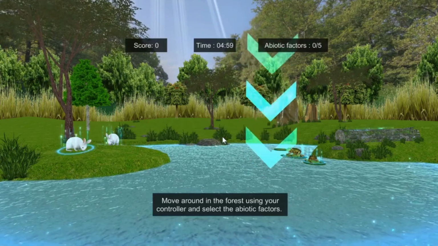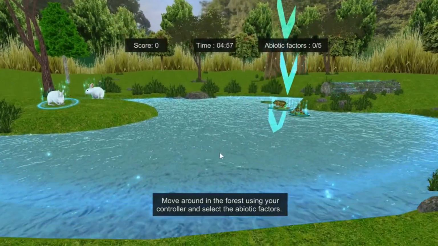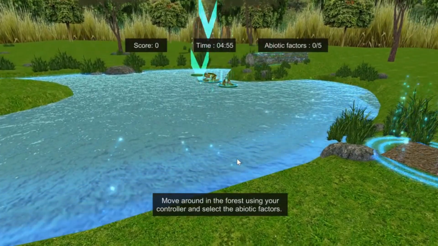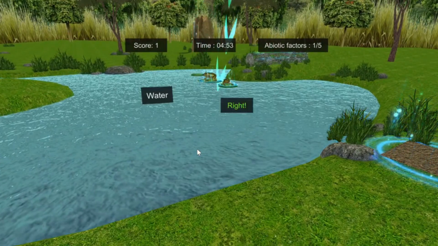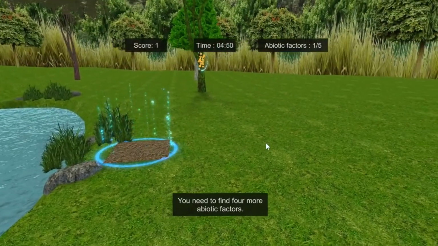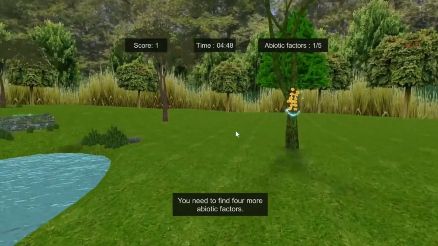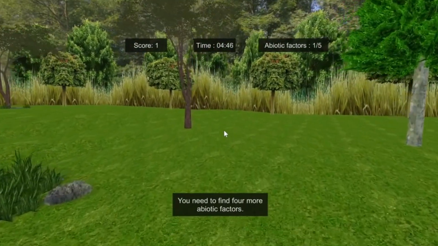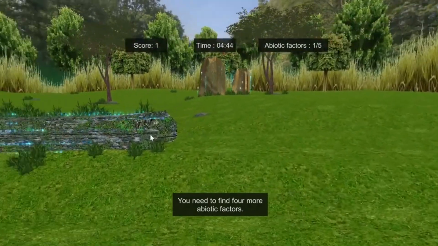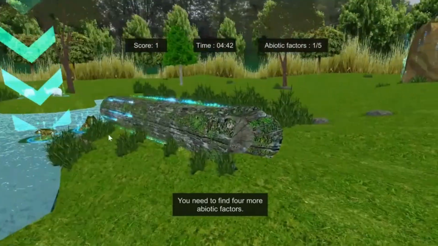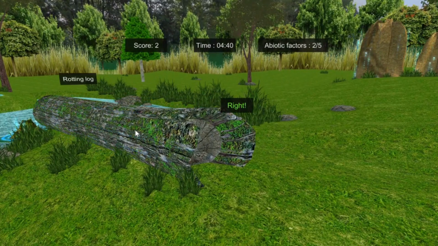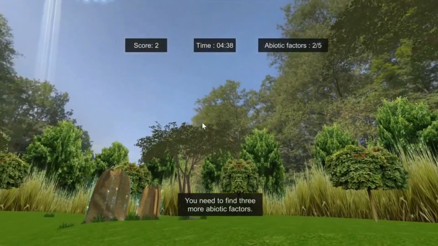Move around in the forest using your controller and select the abiotic factors. Right, you need to find 4 more abiotic factors. Right, you need to find 3 more.